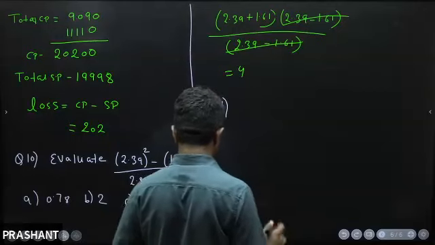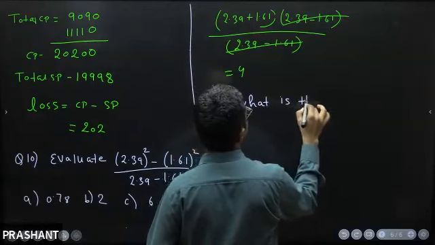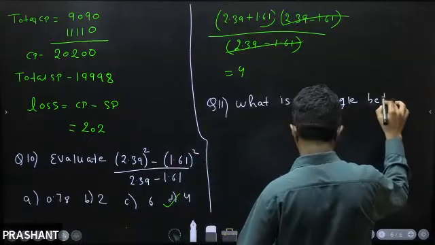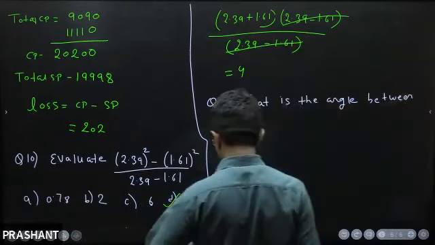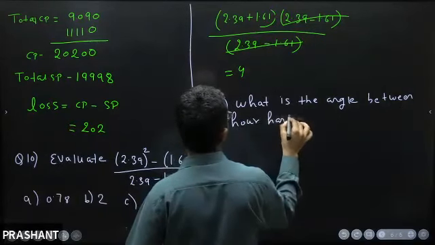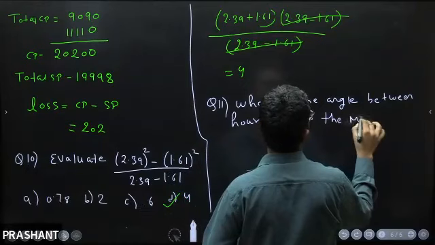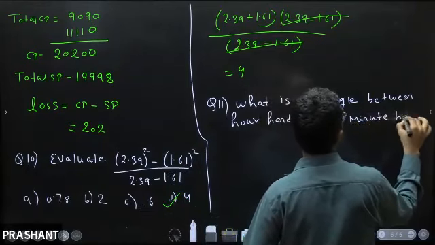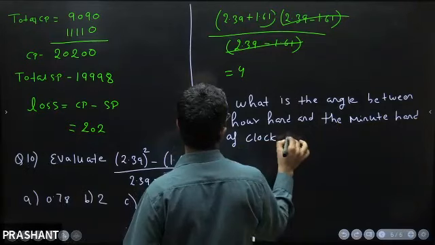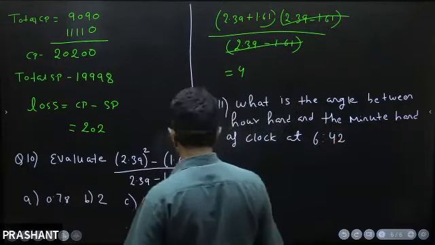Question number 11. What is the angle between the hour hand and the minute hand of a clock at 6:42?